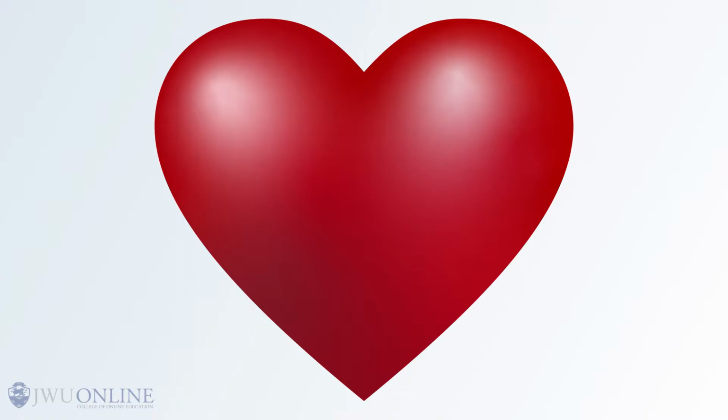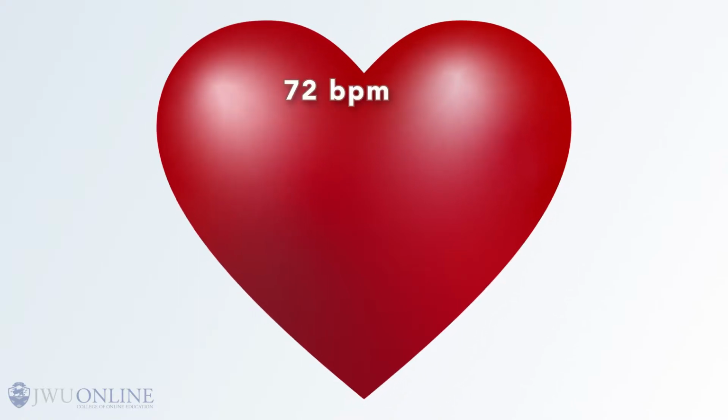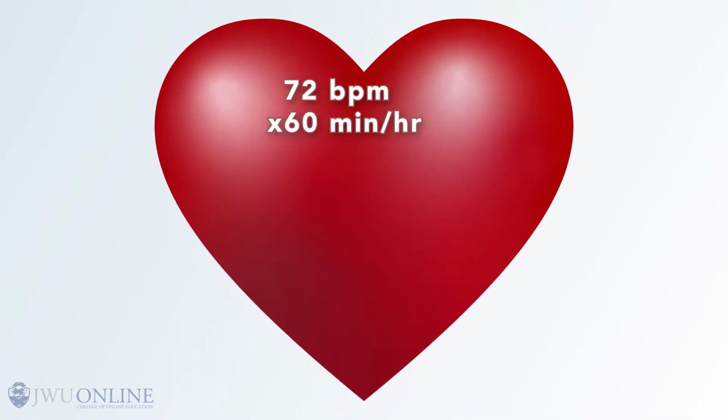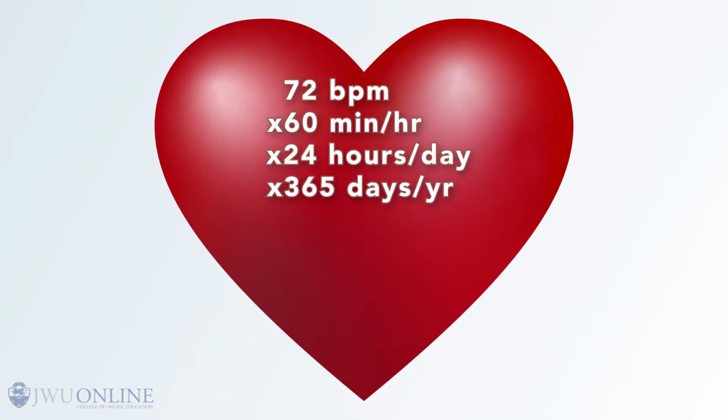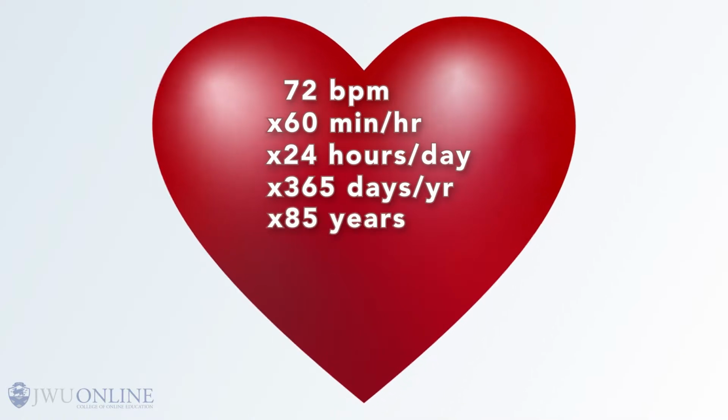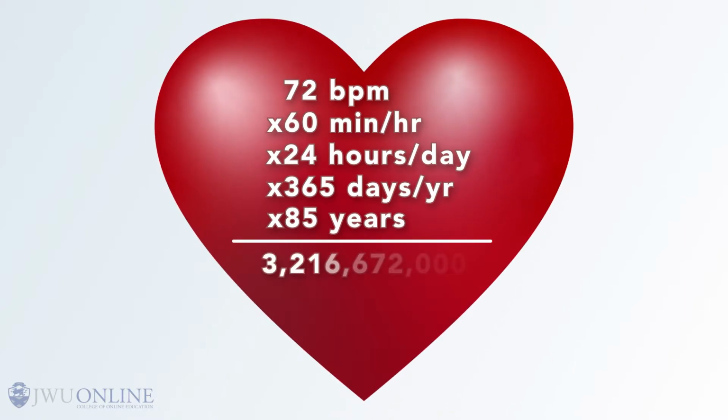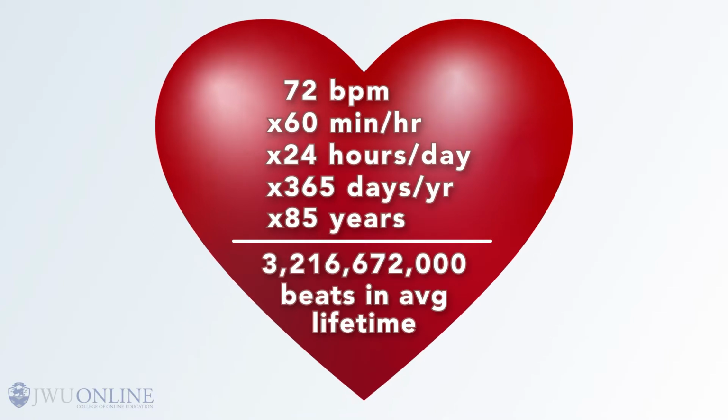If an average person's heart beats at a rate of 72 beats per minute and 60 minutes per hour, times 24 hours a day, times 365 days a year, times 85 years, then the heart would beat a total of 3,216,672,000 times during that person's lifetime.